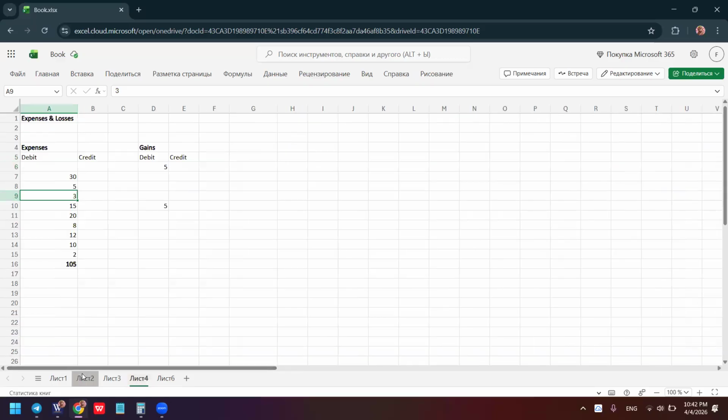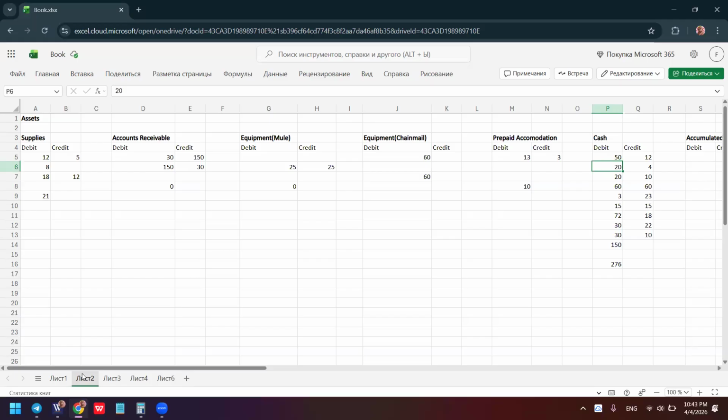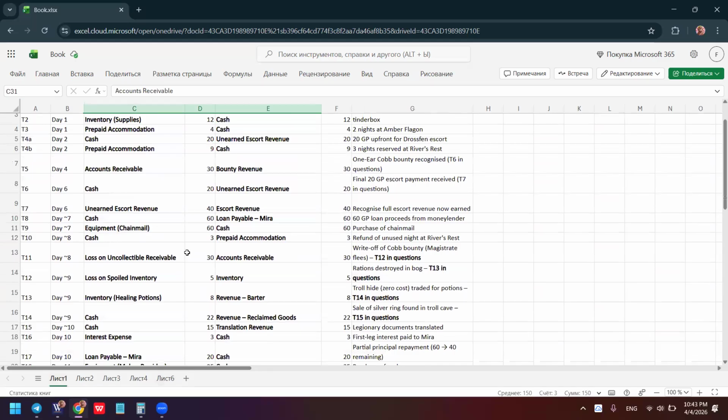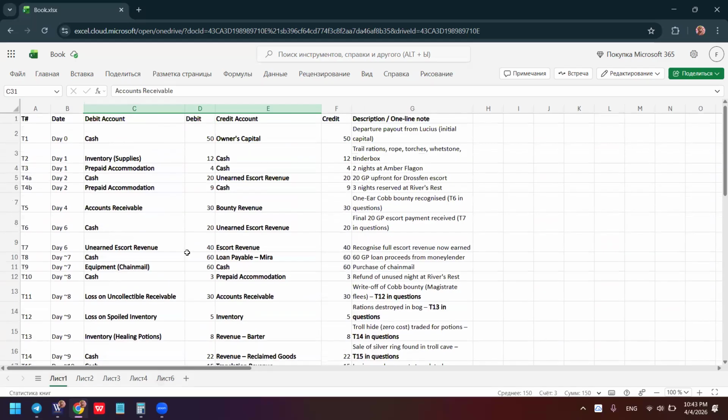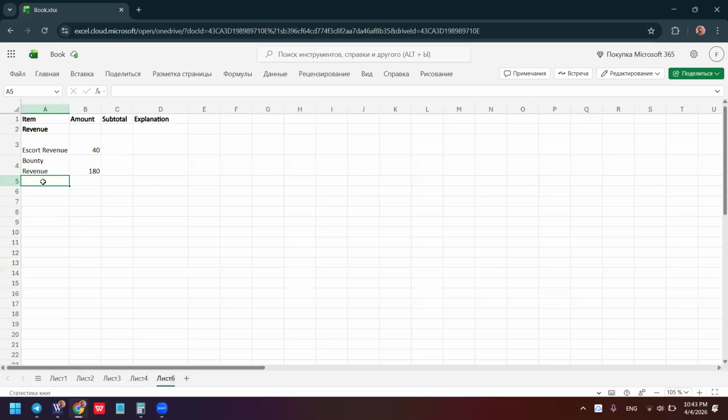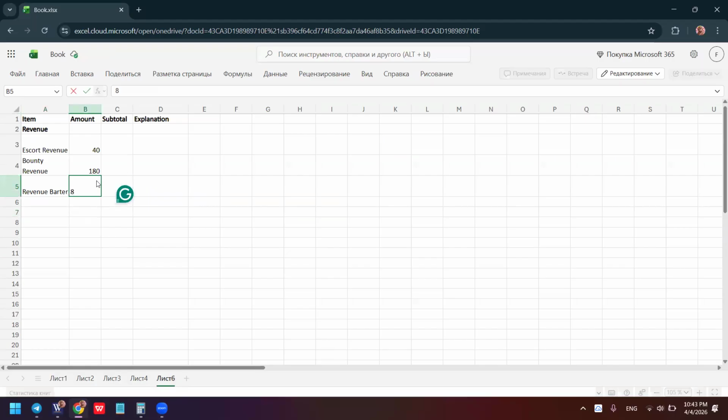Let's go to this one. And then we have here another, it was cash. Barter revenue. Here we add this one. Barter. So it's here. And it's 8.